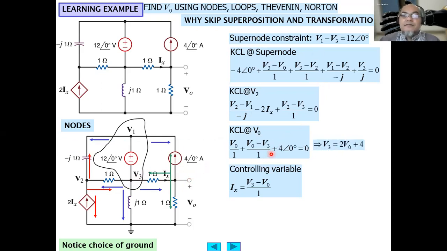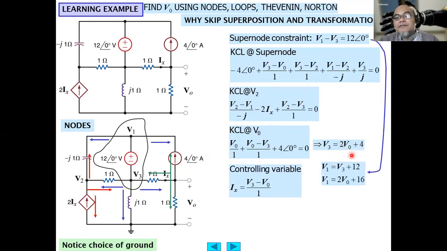From KCL at V output, we obtain the relationship V3 equals 2V out plus 4 volt. And from the supernode constraint, V1 minus V3 equals 12. So we have these two equations.